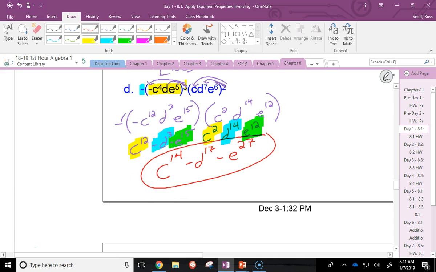Josie's asking, wouldn't it just be positive d to the 11th? No, because, okay, good question. Remember, when we're using exponents like d times d times d, we're not subtracting right now.